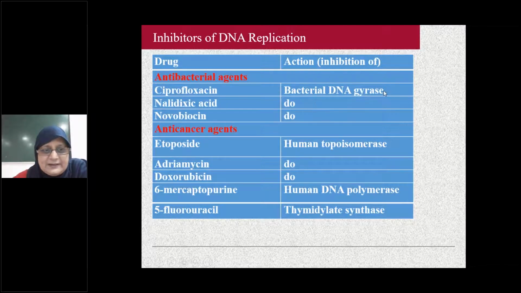Then anti-cancer agents like etoposide, adriamycin, and doxorubicin will inhibit topoisomerase, while 6-mercaptopurine will inhibit the human DNA polymerase, and 5-fluorouracil, also an anti-cancer drug, will inhibit the thymidylate synthase enzyme.